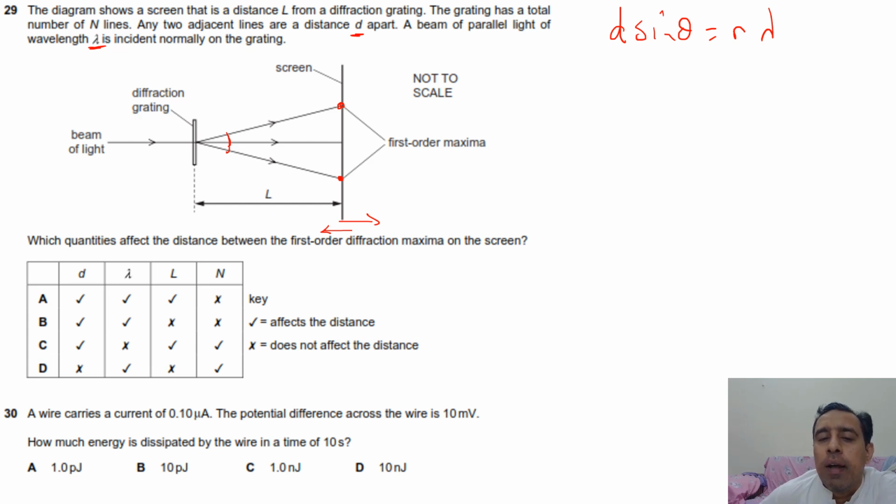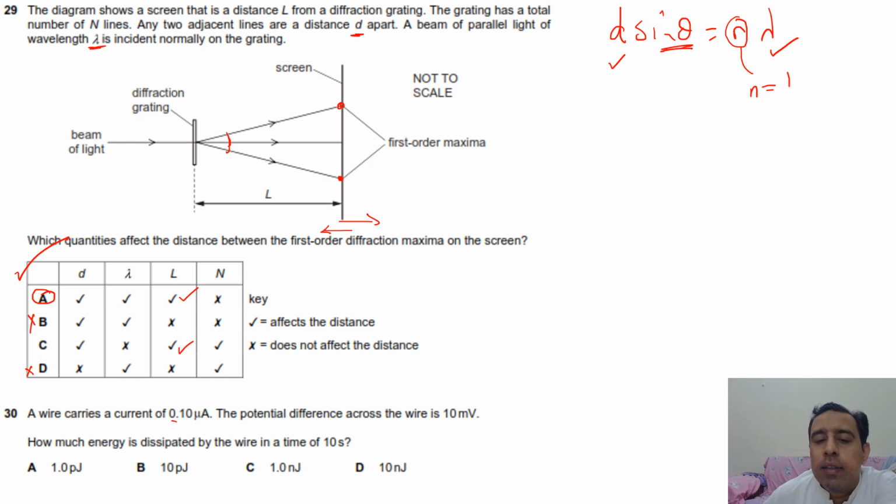So initially this L will affect the distance between the first orders. So option A or option C must be correct, and option B and D are wrong. Now the second thing to change this angle is d. Definitely if we change this d, the angle is going to change, and n is constant, the order of diffraction remains 1, and if we change the wavelength we can change this angle. So d and lambda must be changed. Option A is the correct one.